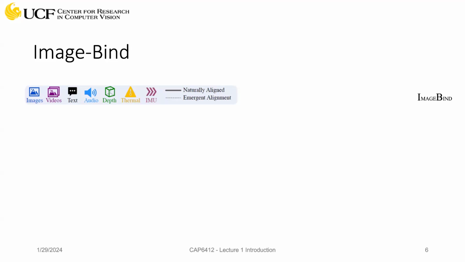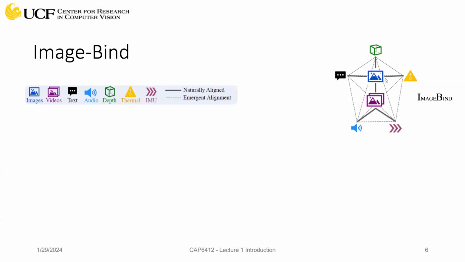So I'll show you an example. Here is the main idea. We have an image and text, and that's basically CLIP. But now we have here a thermal image, which is already aligned: the camera will give you both the RGB image and the thermal or infrared image. Then we have the image and video. This is a video, so these are aligned, and the video has audio, so this is naturally aligned.